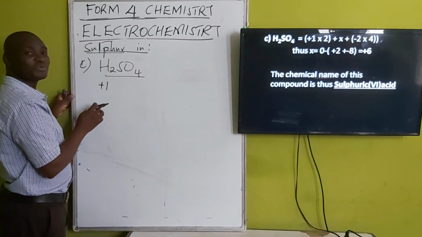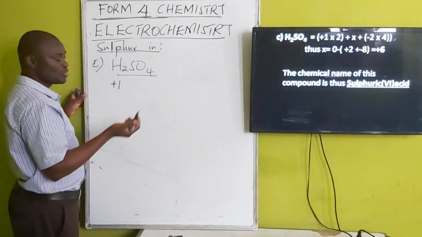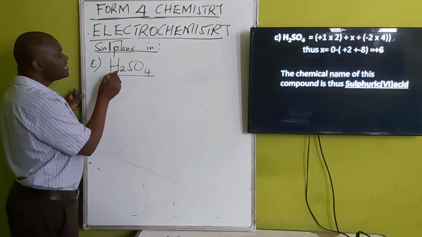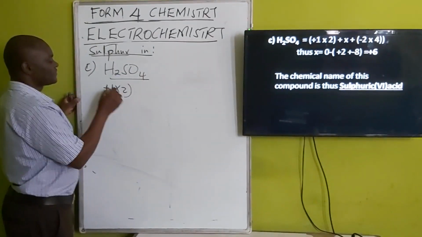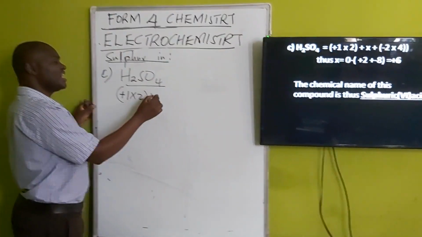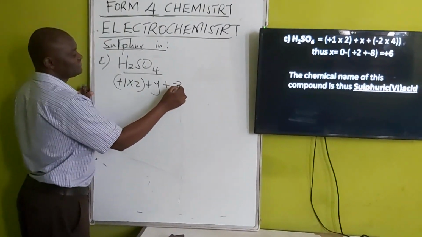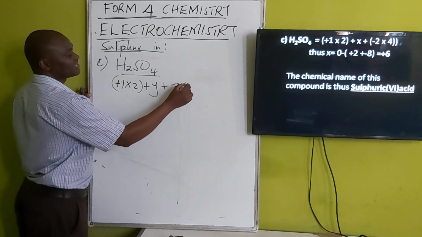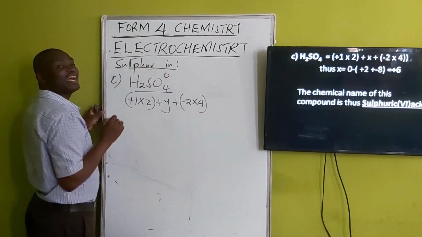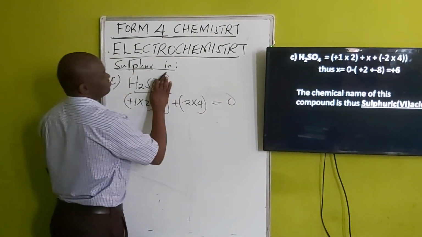How many hydrogen? There are 2. Plus, do we know sulfur? We don't know. Plus, oxygen is negative 2 times 4. The overall charge is 0.